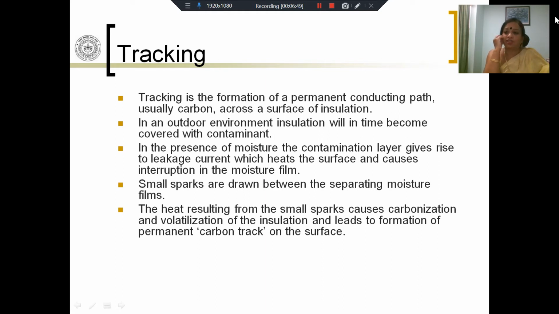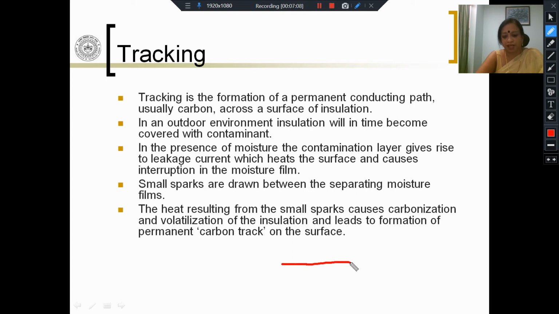And when the moisture is evaporated, there might come a situation when there is moisture, and in between two moisture tracks, you might have some of the water which is evaporated. So you had a conducting moisture layer and current is flowing along this moisture layer.